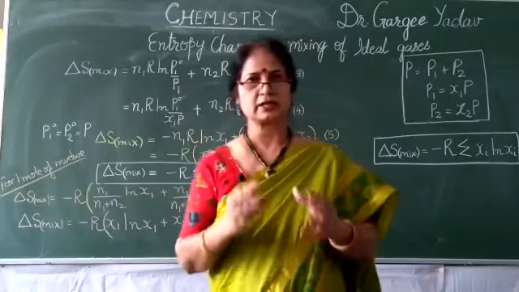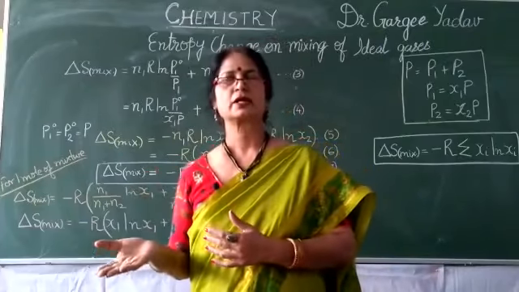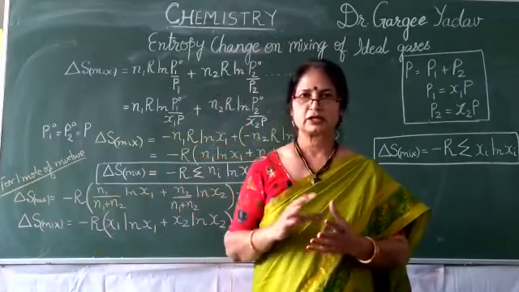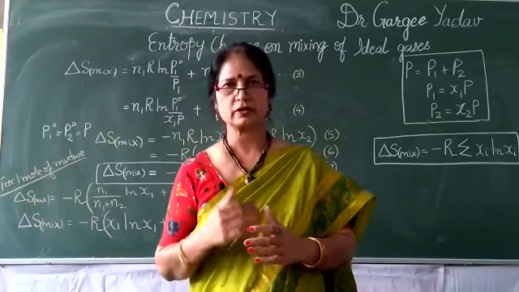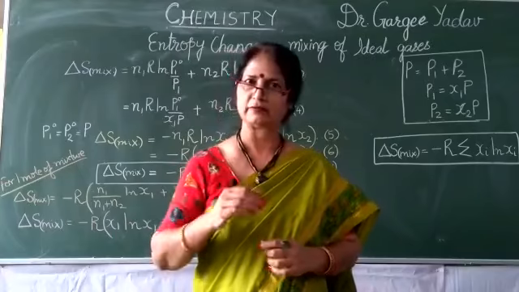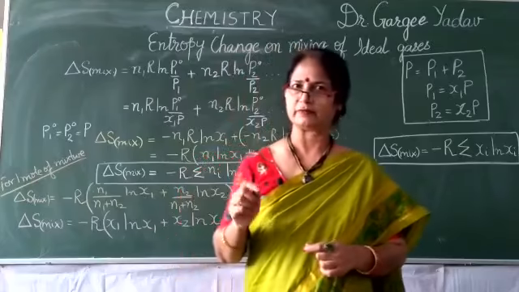Suppose there are two gases, N1 moles of the first gas and N2 moles of the second gas. Then the total number of moles will be N1 plus N2, and the mole fraction for gas number 1 will be N1 upon N1 plus N2. Similarly, for gas number 2, it will be N2 upon N1 plus N2.